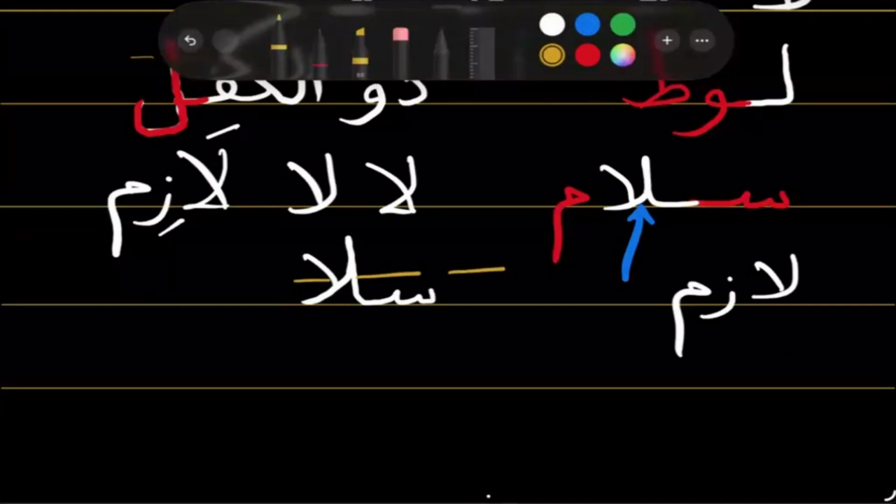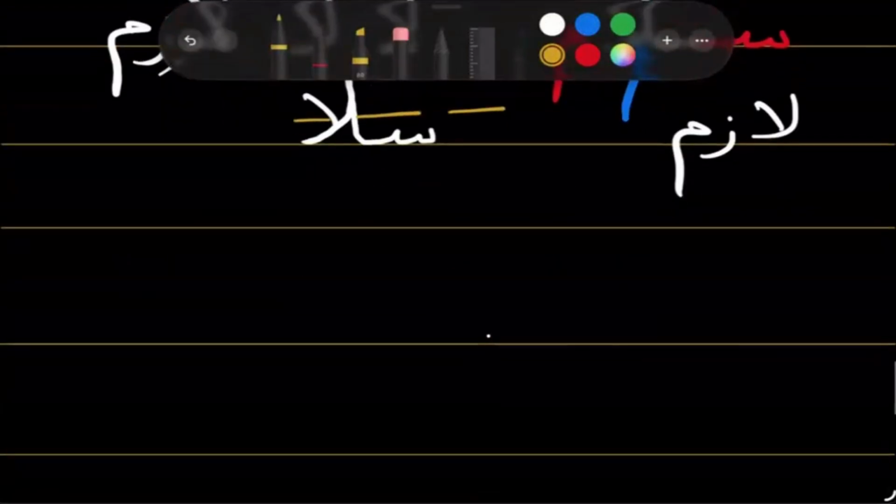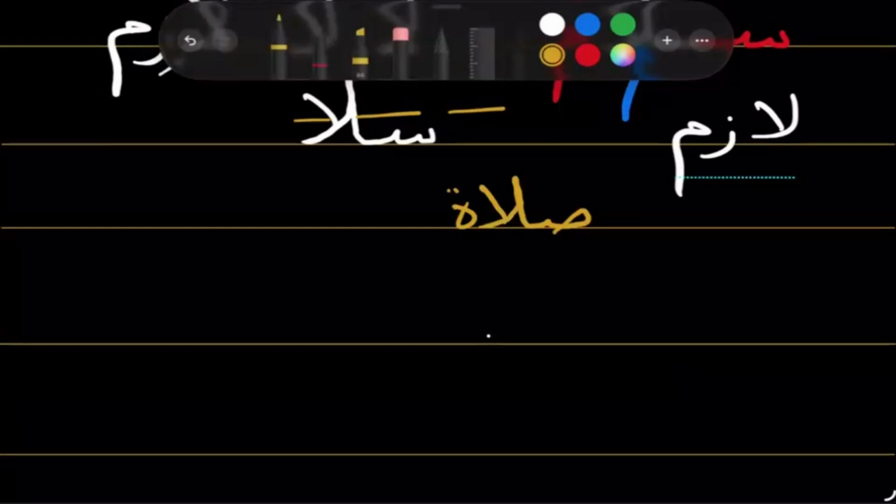So if I wrote the word salah, for example, let's see. What I'm trying to do now is make this opening as tall as the top of the sad or the other letter. So that's a better one there.